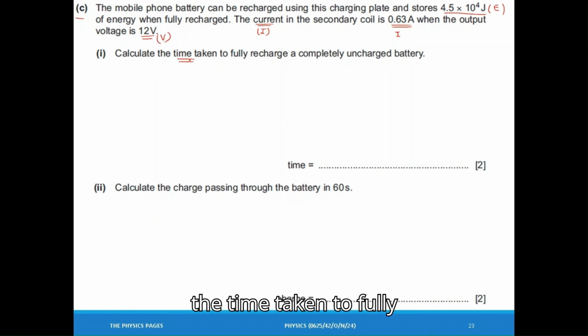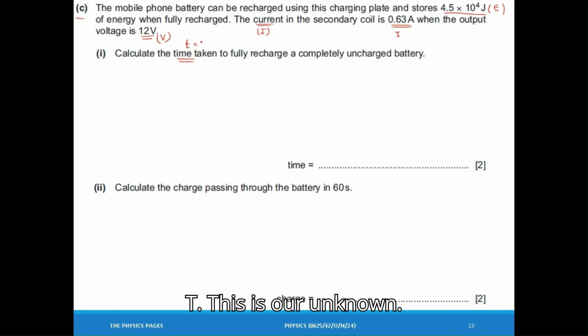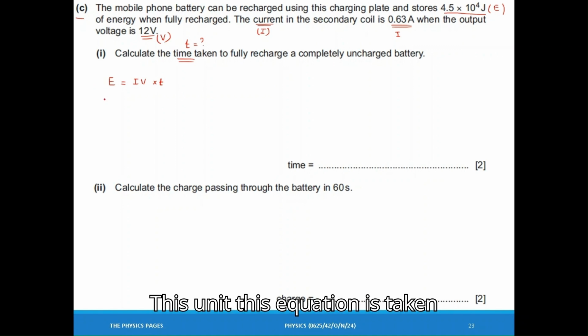Calculate the time taken to fully recharge the uncharged battery. Time taken is represented by T. This is our unknown. So electric energy E is equal to I V times T. This equation is taken from energy is power delivered times time.